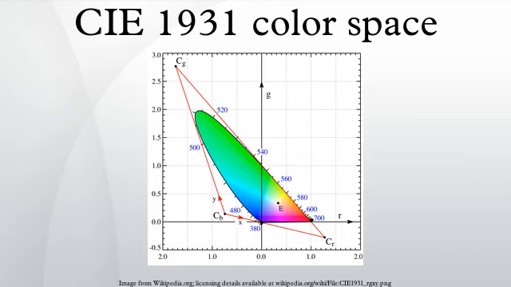It was assumed that Grassmann's law held, and the new space would be related to the CIE RGB space by a linear transformation. The new space would be defined in terms of three new color matching functions, and as described above. The new color space would be chosen to have the following desirable properties.